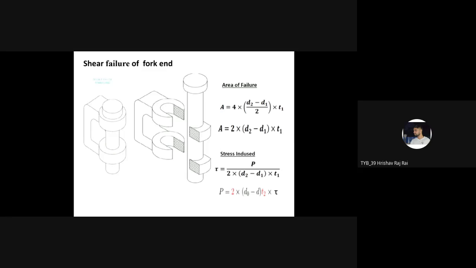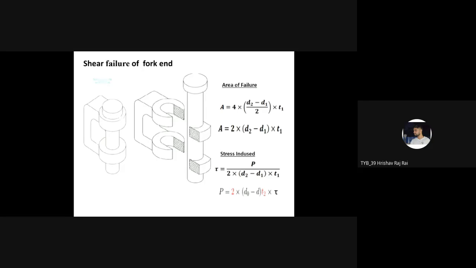Next, we are going to consider that the fork fails in shear. As I have already told you, while we design such components, we have to consider that this component is the weakest component in the total assembly.